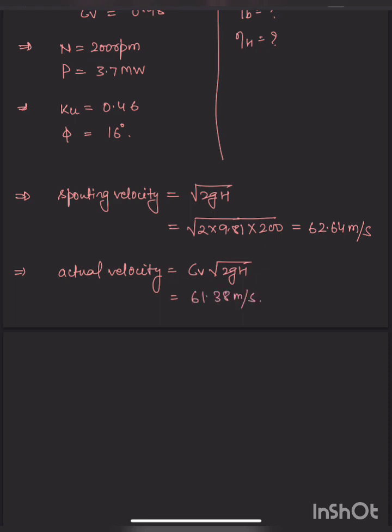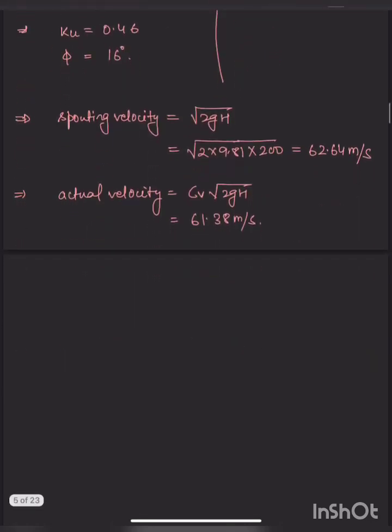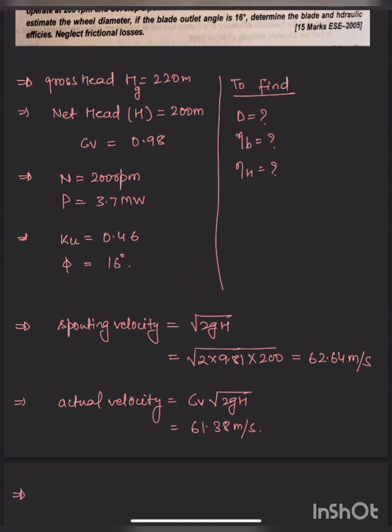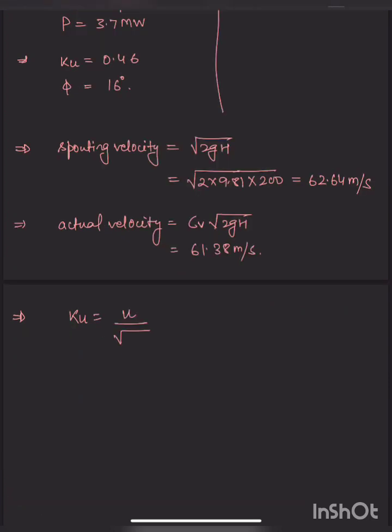Ku is given, and we have Ku equal to U divided by root 2gh. So speed ratio is the ratio of blade velocity to the spouting velocity. Now let us calculate the blade velocity because the other quantities are known.